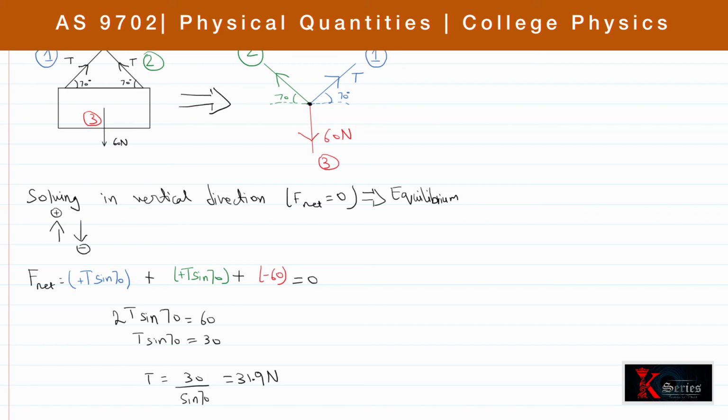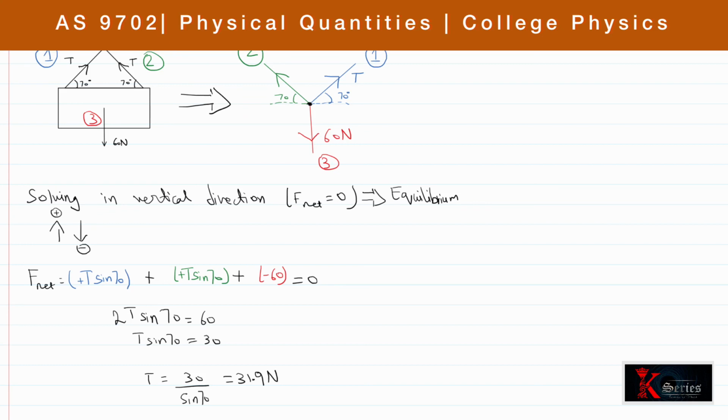When we solve this, we take the vertical components of both the tensions, and we don't take any component of the 60 Newton force. Why? Because it is not at an angle, it is at 0 degrees to the vertical, right? So we just take it as it is. However, since it is in the downward direction and we assigned the minus sign to the downward direction, it becomes minus 60.